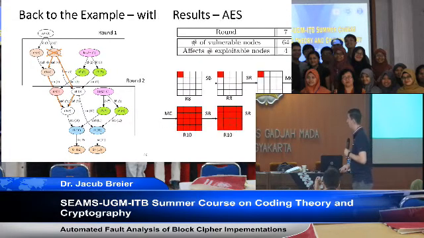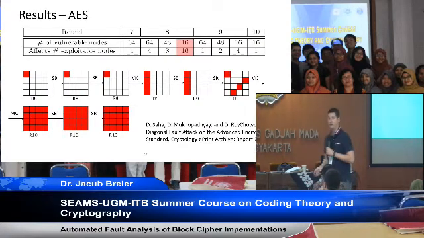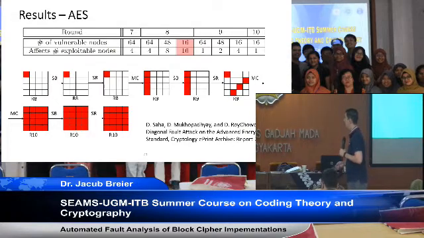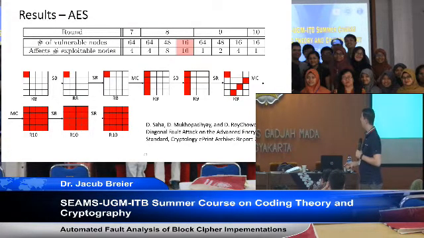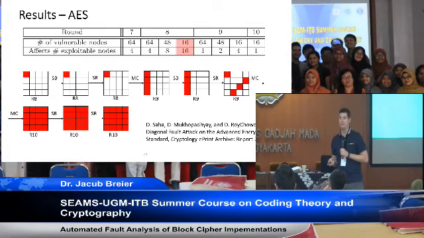So let's take the results for the AES. So as you know, AES has 10 rounds. And when we take the 16 vulnerable nodes in the last round, we can check how can we affect them without the collisions in the previous rounds.